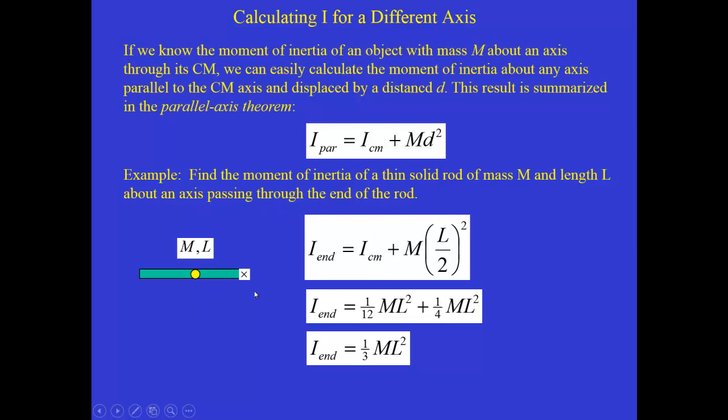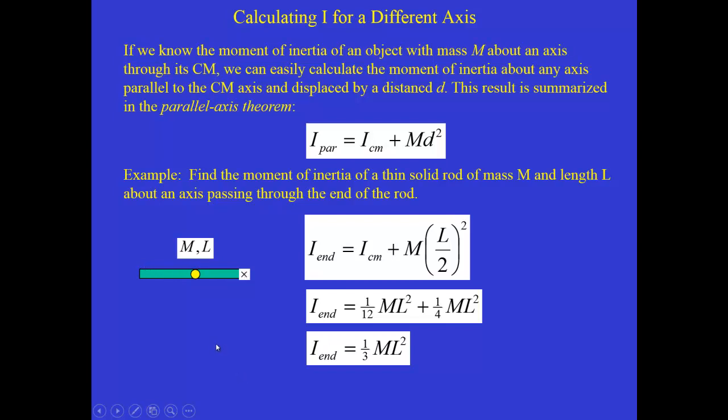Why is it larger? It's larger because if you have the axis passing through the center, then all of the pieces of the rod on the left and on the right are closer to the axis than they would be if the axis were at the end. If the axis is at the end, then of course you have half of the rod that is within a distance L over 2, but the other half of the rod is at a distance between L over 2 and L away from the axis.